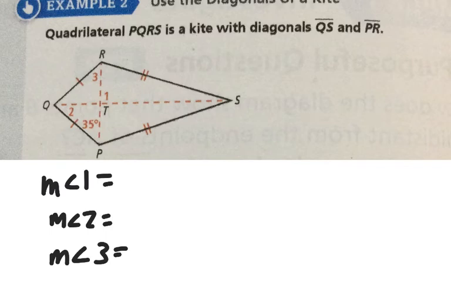All of these angles are 90 degrees. So do we know what angle 1 is? Yes. What is it? 90. Angle 1 is 90. Does that make sense? So now if this is 90, that means all of them are 90, including this angle. Angle QTP would be 90 degrees.